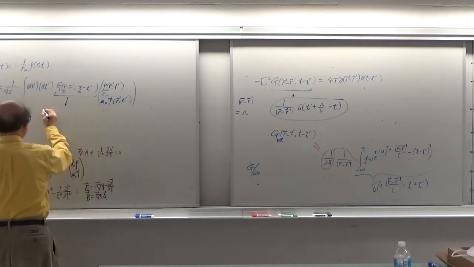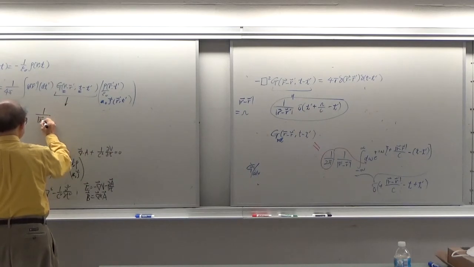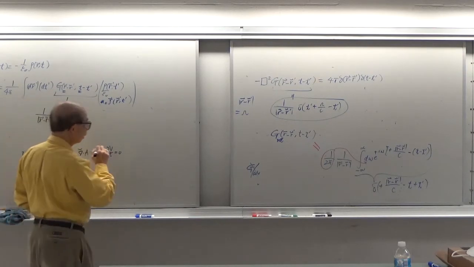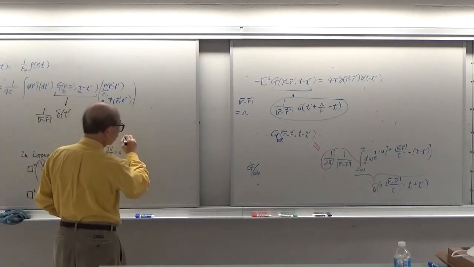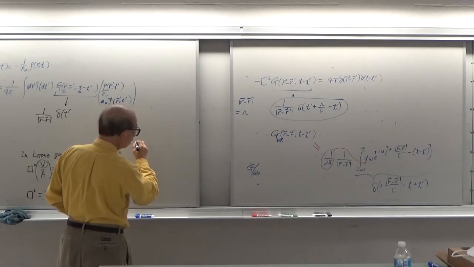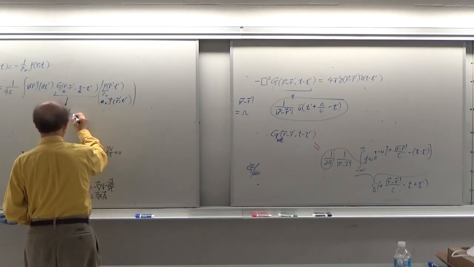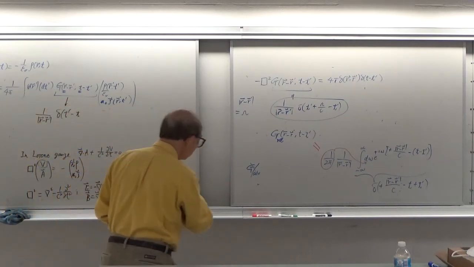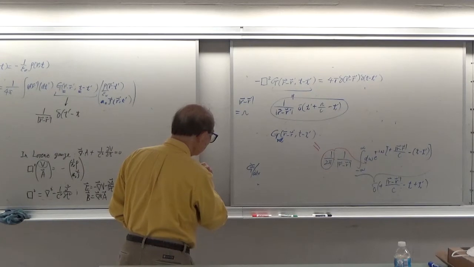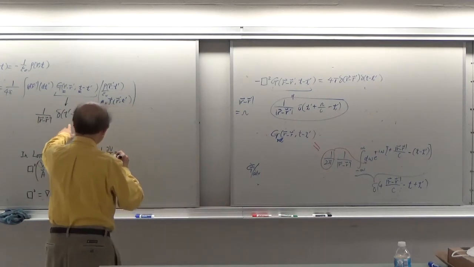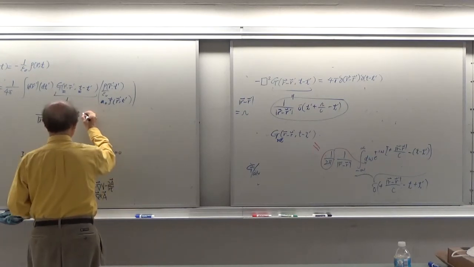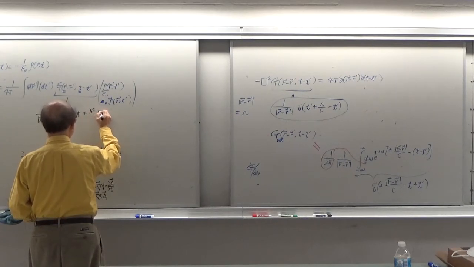So it's given by 1 over |r minus r prime|, then the delta function of t prime minus t plus |r minus r prime| over c.